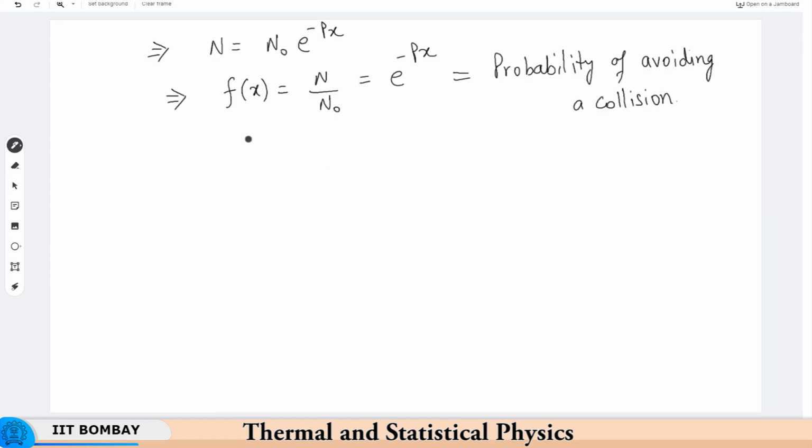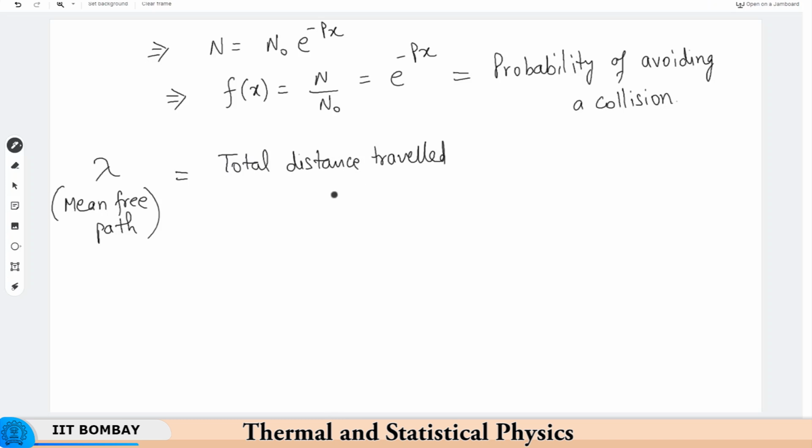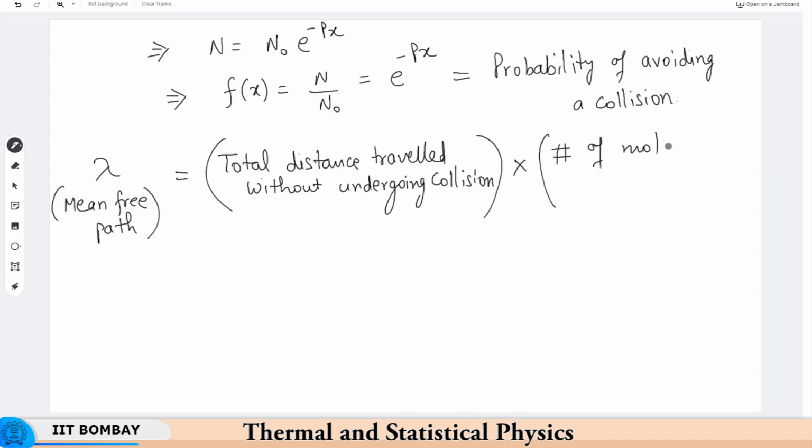But now we will use the definition of mean free path. Remember the way we defined mean free path, lambda: it is equal to the total distance travelled without undergoing collision, multiplied by the number of molecules that avoided collision, divided by the total number of gas molecules.